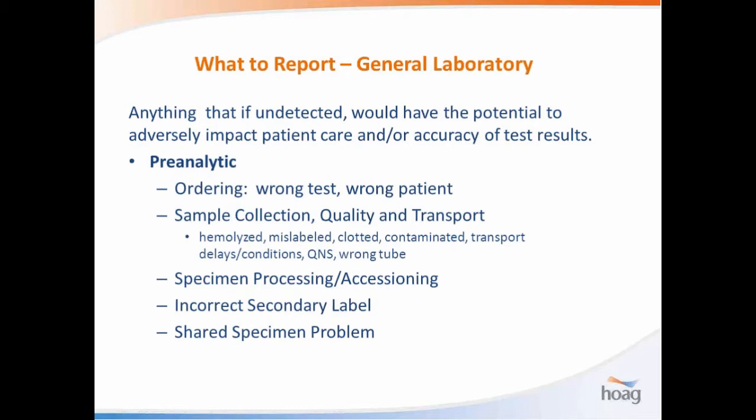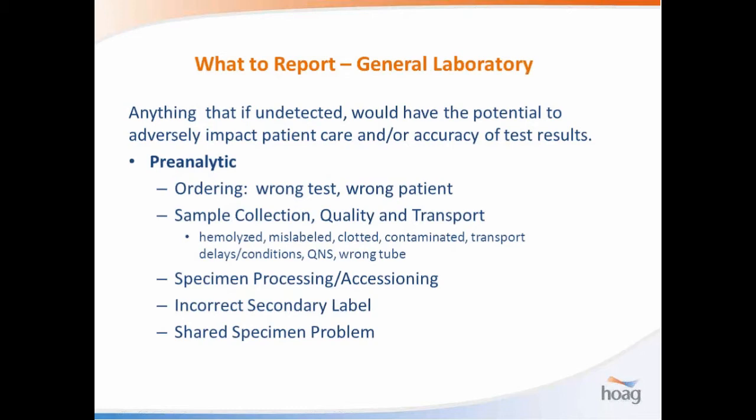So let's get into the nuts and bolts of a good NCE system. What should we report? I'm going to focus first on the general laboratory. We break our classification down into the 3 phases of testing. So here's some examples of things you should report in the pre-analytic phase. And it should be anything that has the potential to adversely impact patient care or accuracy of test results. So these are certainly some examples in the pre-analytic phase.